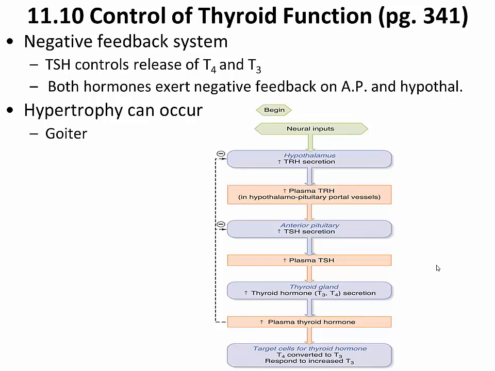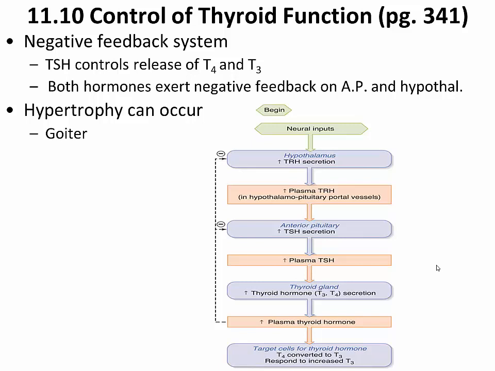In fact, those follicular cells respond in a very pronounced fashion to thyroid-stimulating hormone, both increasing protein synthesis and increasing the production of thyroid hormone. And so the overall size of the thyroid gland does increase in response to thyroid-stimulating hormone.